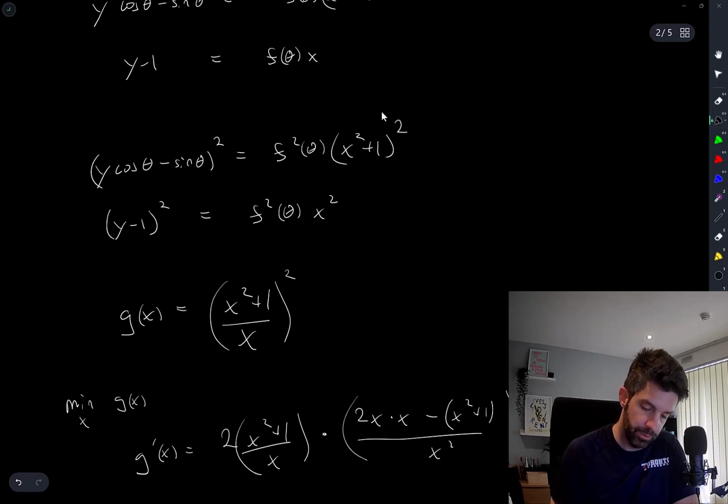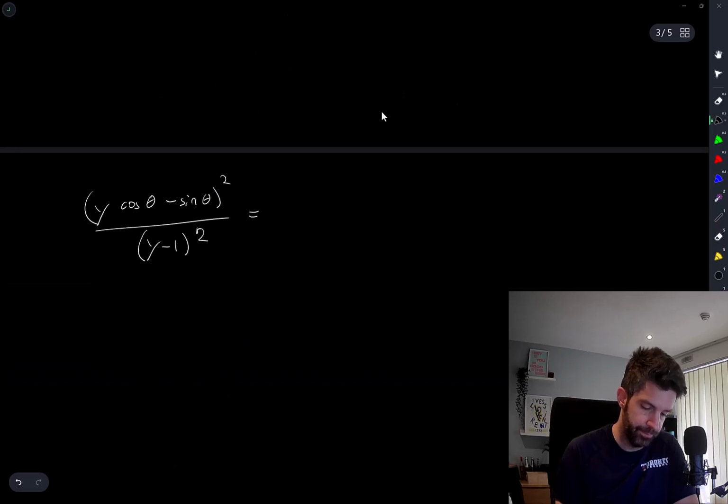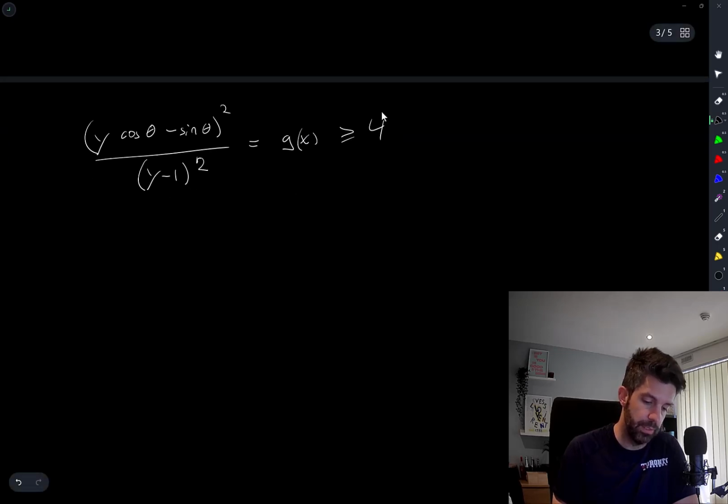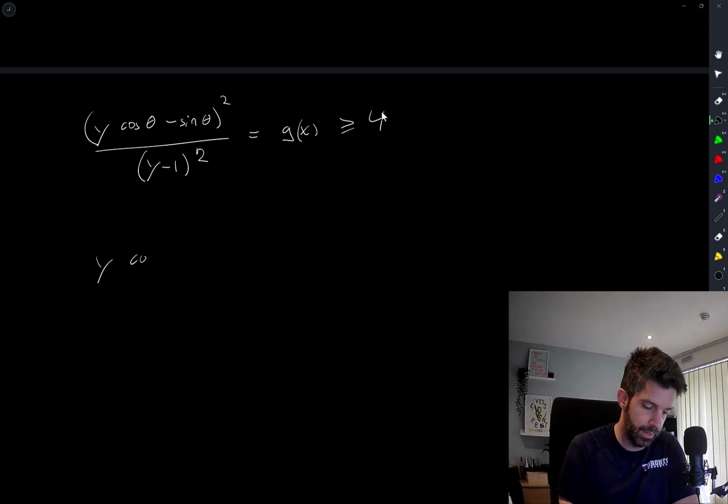Okay, so this is g of x, and the minimum value of g of x is 4. So this is always greater than or equal to 4. And this gives us what we want: y cosine theta minus sine theta squared is greater than or equal to 4 times y minus 1 squared.